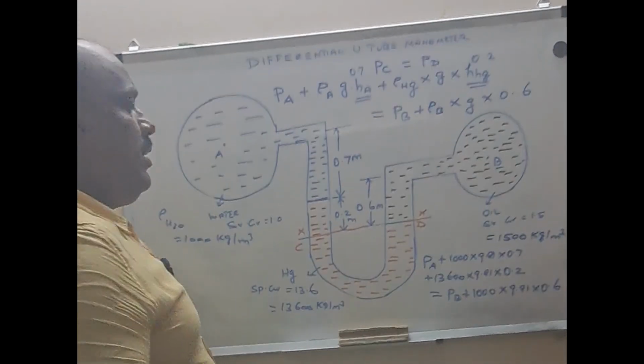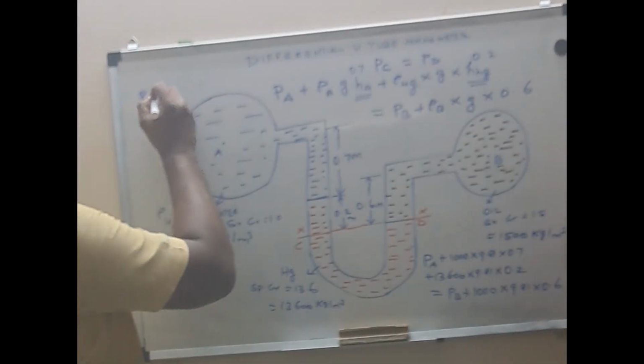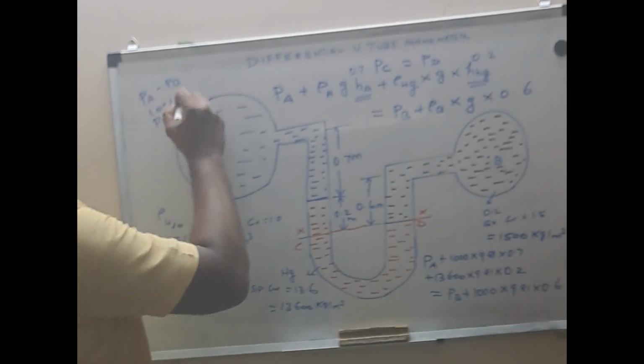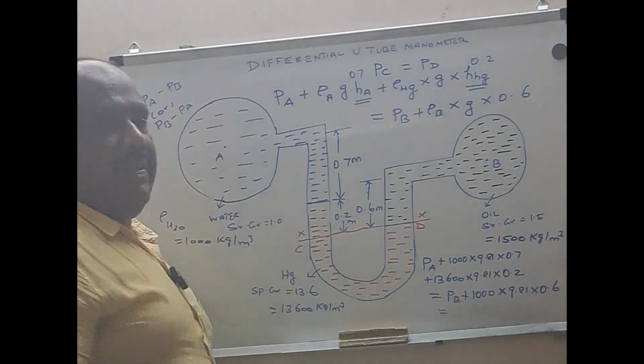So from this, the only unknowns are PA and PB. So you can either find PA minus PB or PB minus PA. I hope you will solve it yourselves and let us know the values.